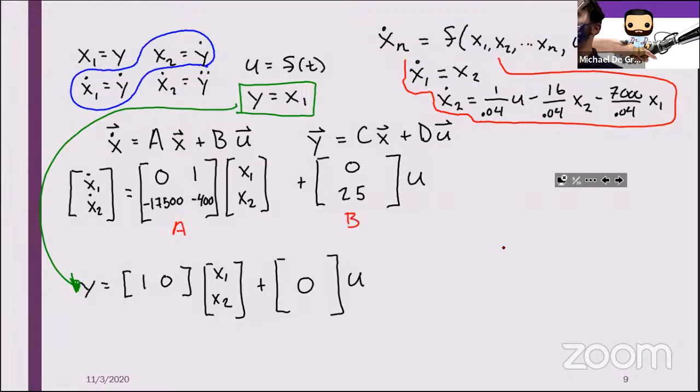A, B, C, and D. Why do we need A, B, C, and D? Because we're about to make a Simulink model using a state space block instead of a transfer function. And what the state space block wants is A, B, C, and D. That is what it wants. If you want it to work appropriately, you need to give it what it wants, much like a toddler or Sheldon Cooper, which I mean is basically the same thing.